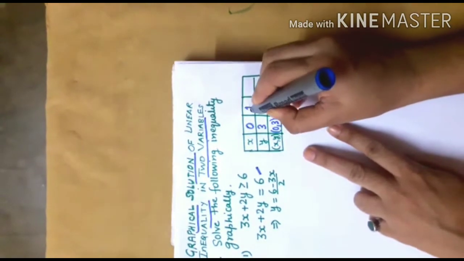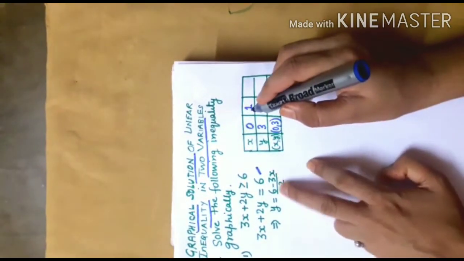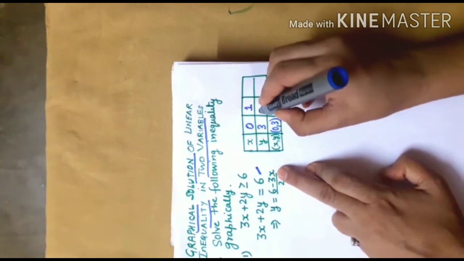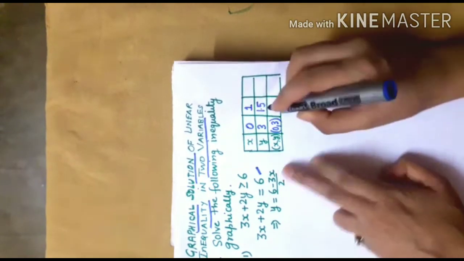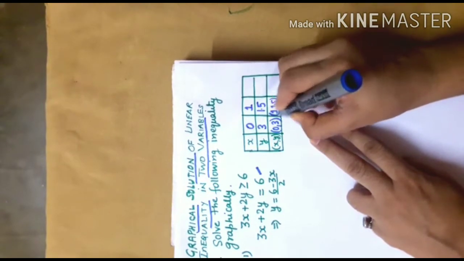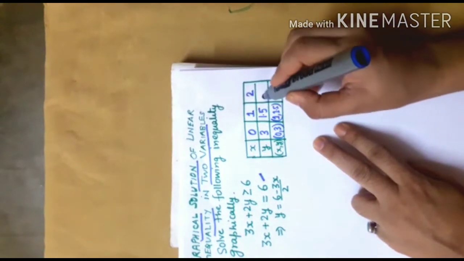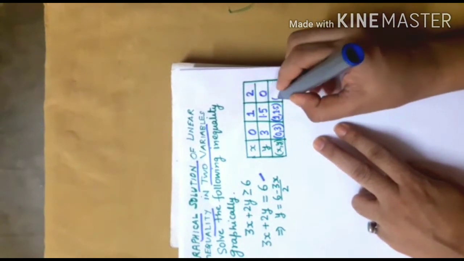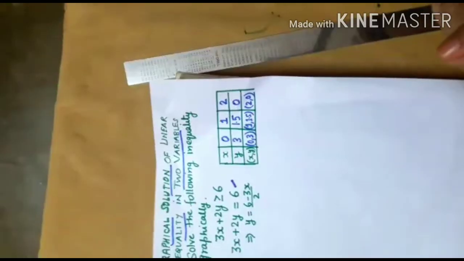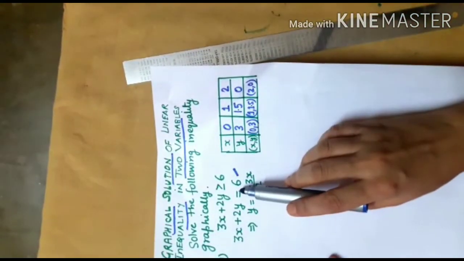Next I put x as 1, so y will be 1.5, so 1 comma 1.5. Next I put x as 2. I'll get y as 0, so the solution will be 2 comma 0. So I have obtained 3 solutions of this equation.